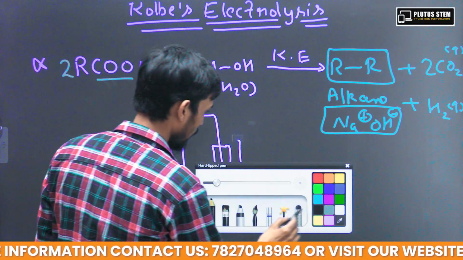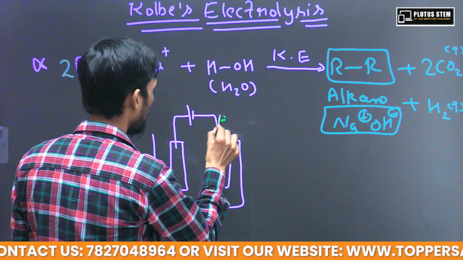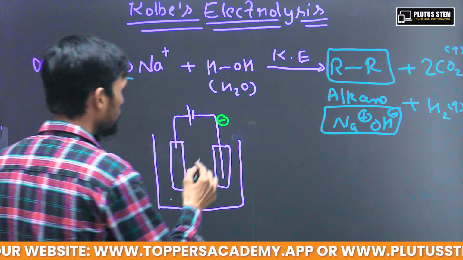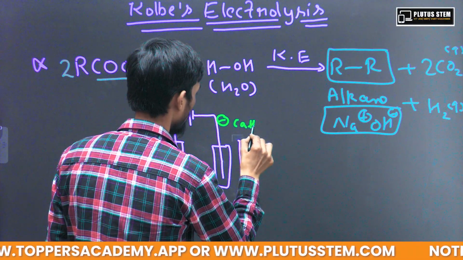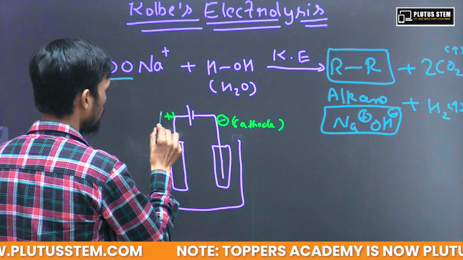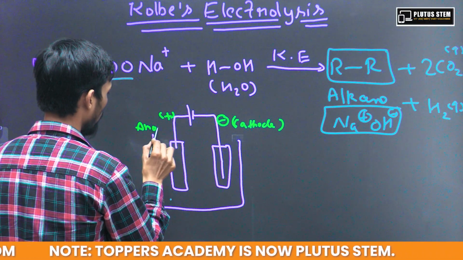This part is the negative part, or cathode, and this one is the positive part, or anode.